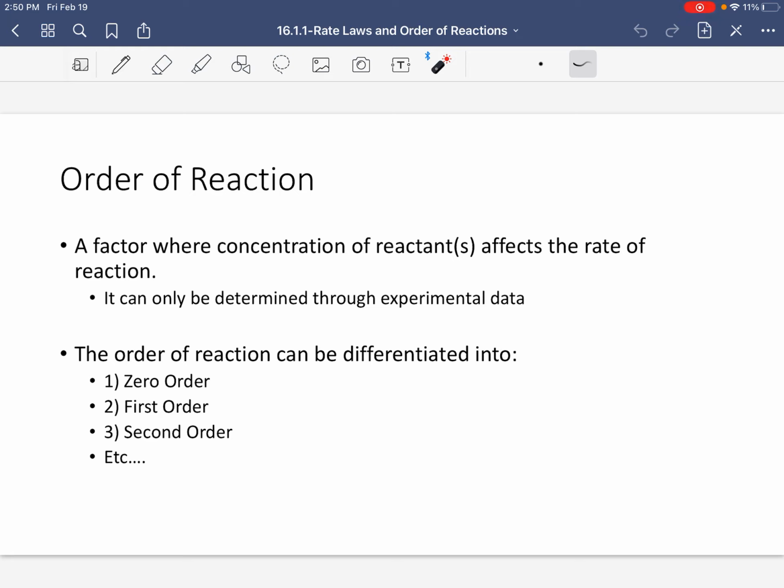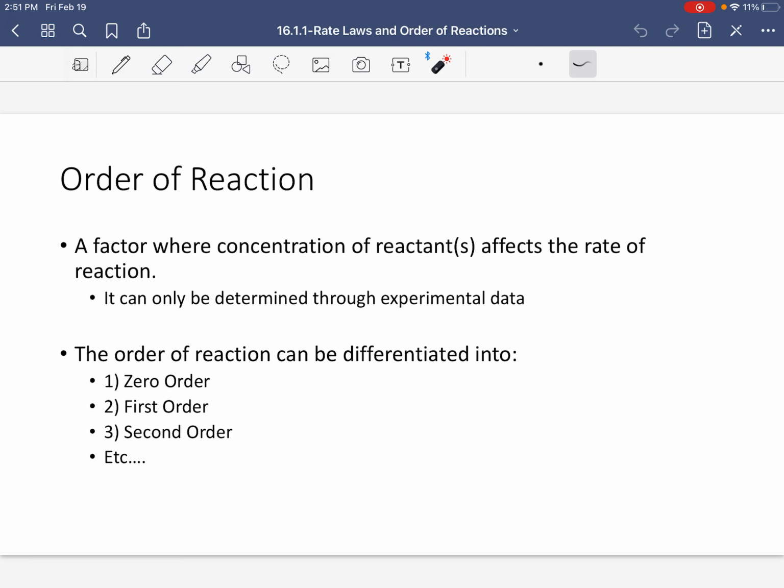It starts with zero order, which is an easy one because it's really independent. And then we have, of course, first order, second order, and so on, third order, fourth order, as many as you can think of.